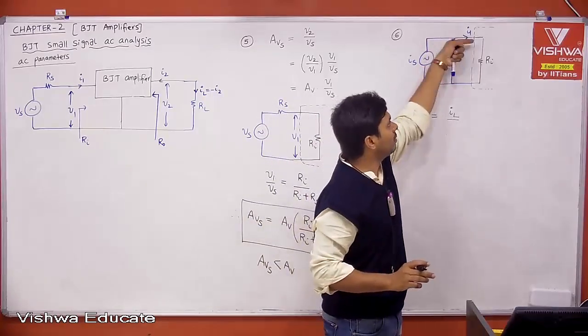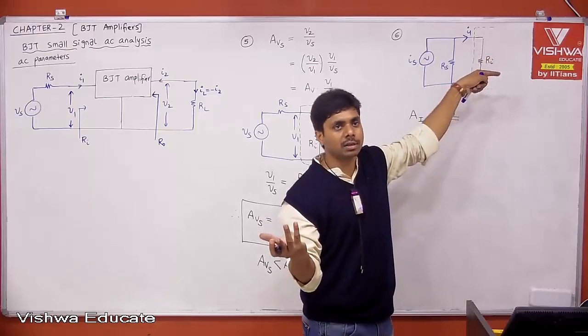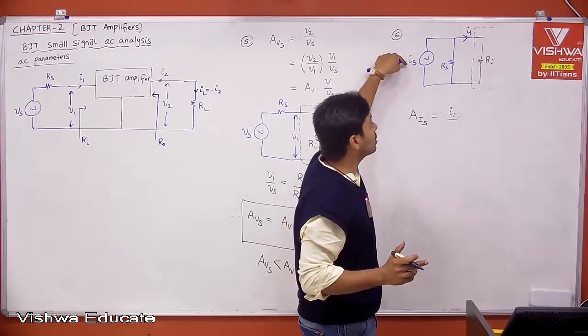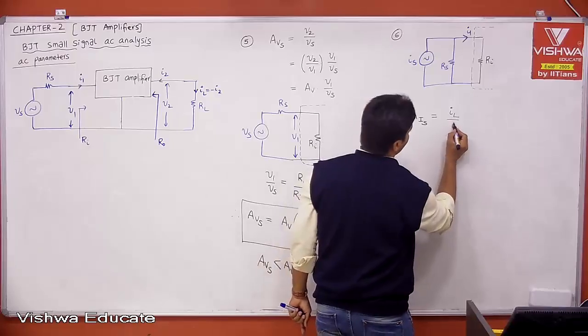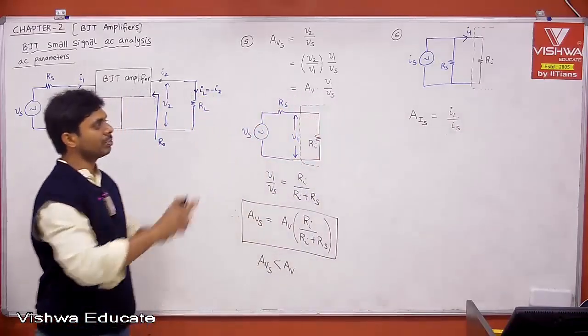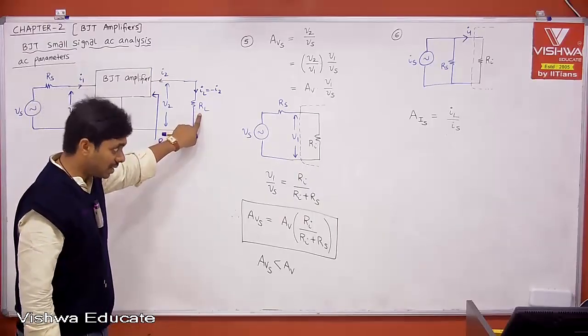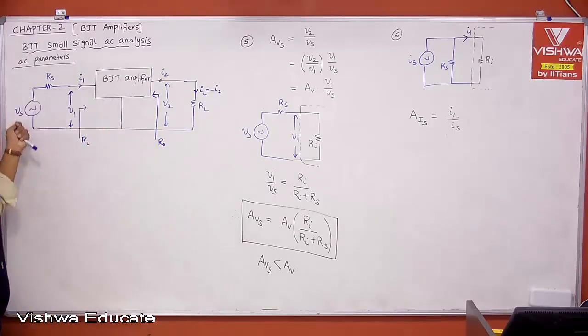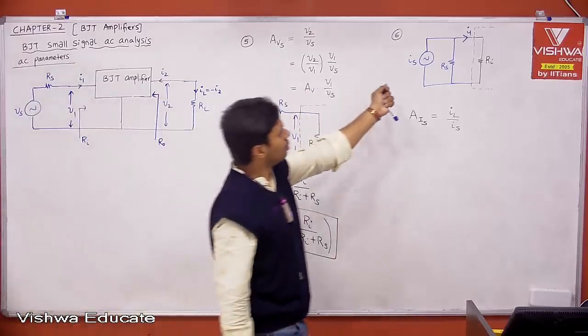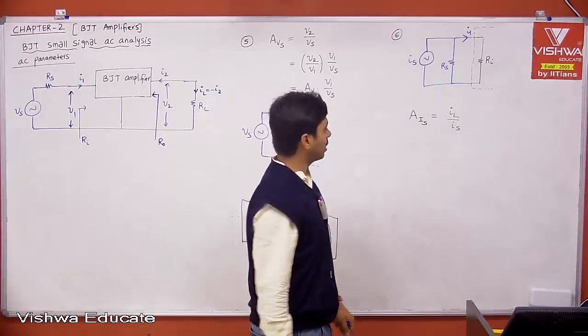That I1 is the current entering your amplifier, the core amplifier current gain, which we already calculated. Now we want to calculate the source current gain, therefore IL divided by IS. The current entering the load is IL, the current pumped from the practical current source is IS, then IL divided by IS is your current gain.